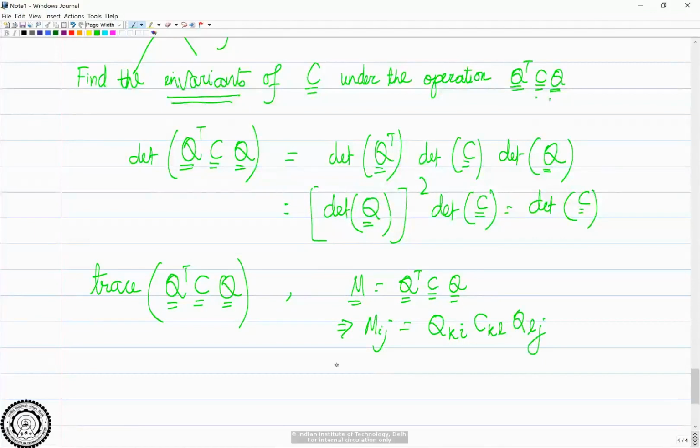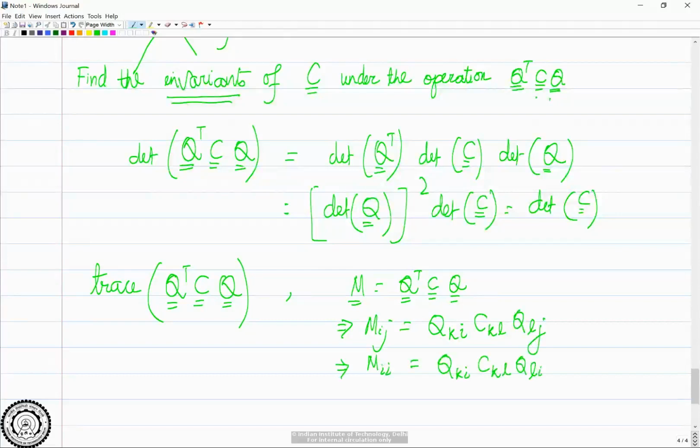And what is trace? Trace is simply M_II. So what is this equal to then? Q K I into C K L into Q L I.